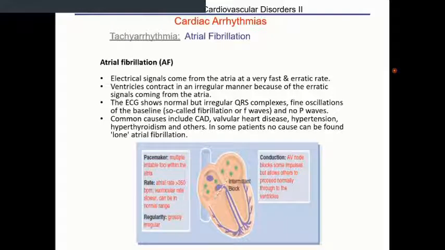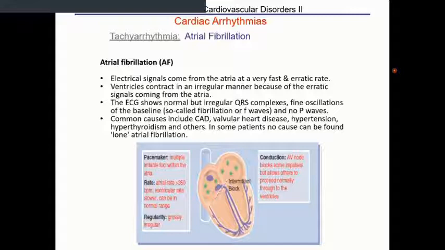On the other hand, when you have atrial fibrillation, this is a more problematic tachyarrhythmia. Atrial fibrillation happens when the electrical signals come from the atria at a very fast or erratic rate.